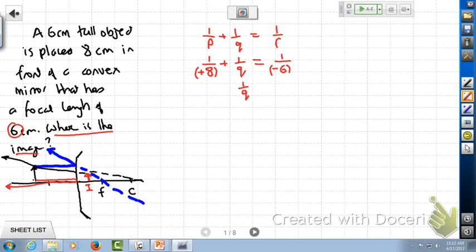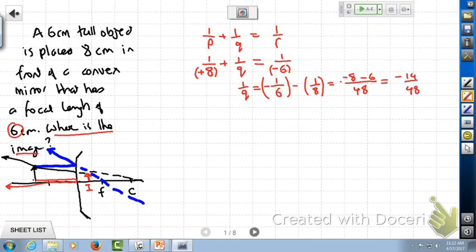So 1 over Q is equal to 1 over minus 6 minus 1 over 8, which equals, using common denominator 48, minus 8 minus 6 over 48, which equals minus 14 over 48.